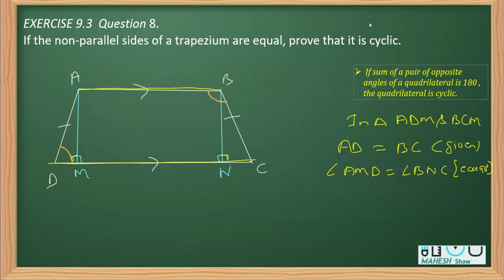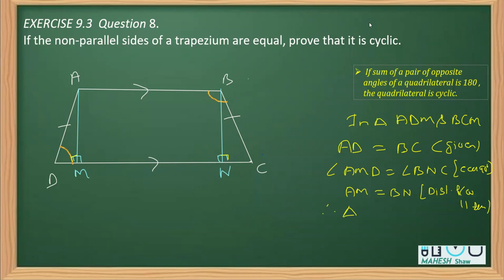Like these two are parallel lines and their distance is this. So we can say here that AM is equal to BN, and this is from the distance between parallel lines. So we can say the triangles are congruent.